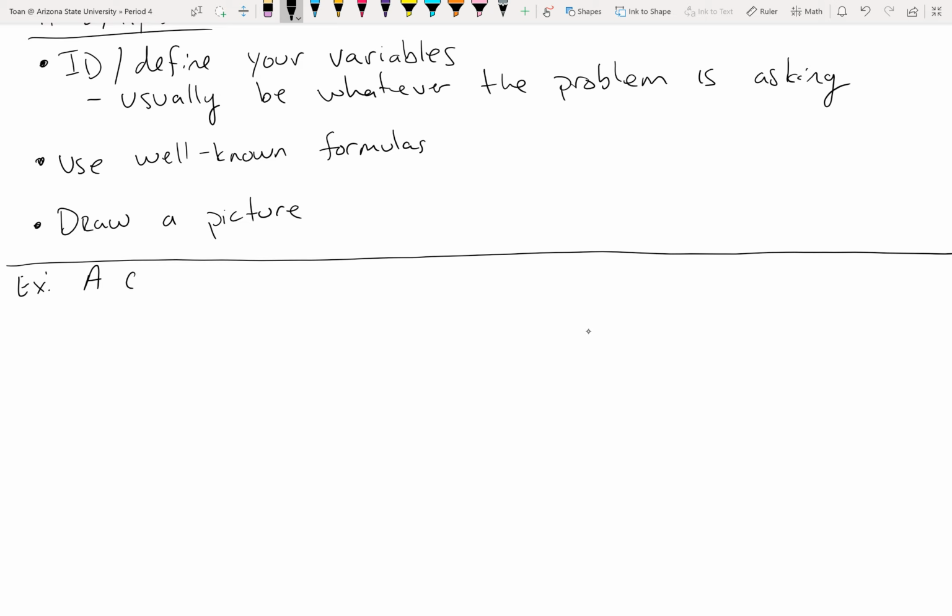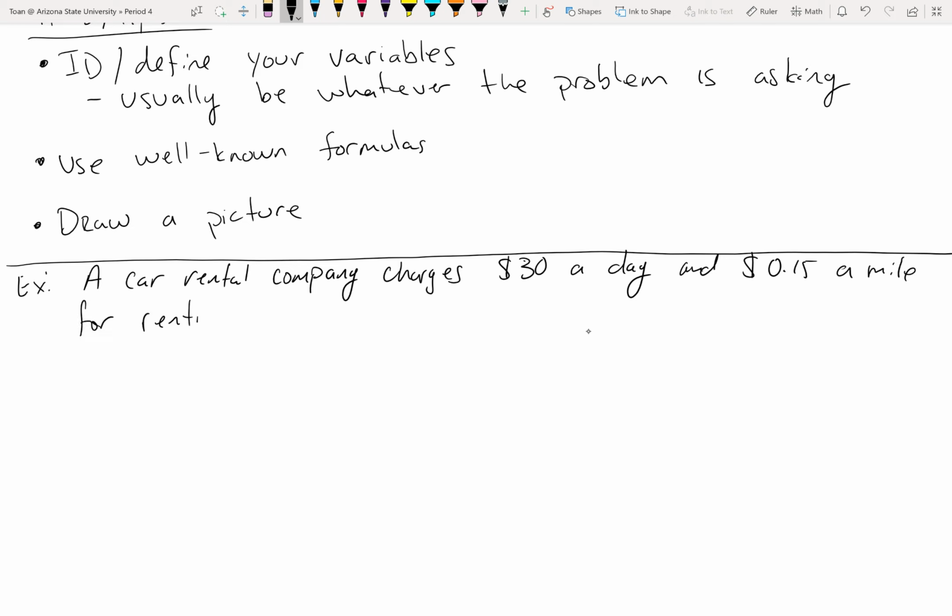Suppose we had a car rental company, and it charges $30 a day and 15 cents a mile for renting a car. In hindsight, that's probably redundant.